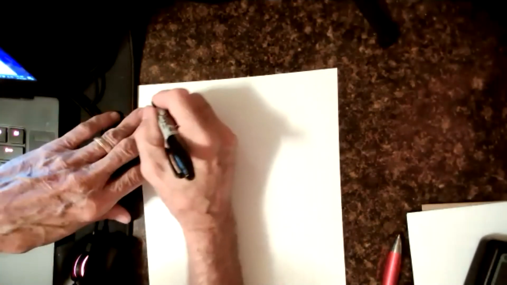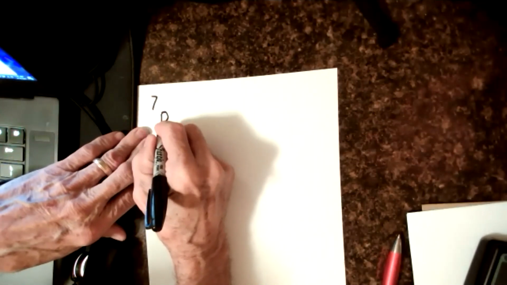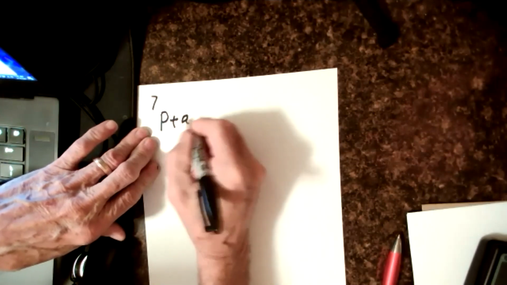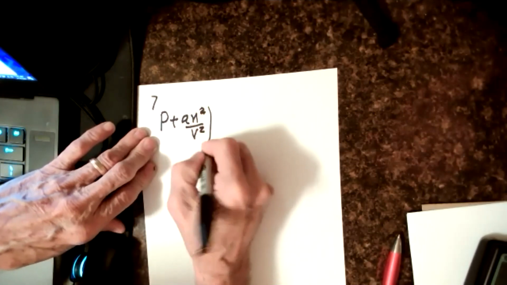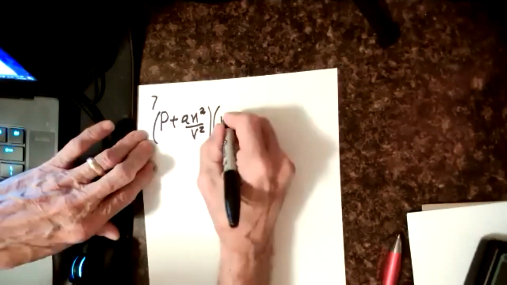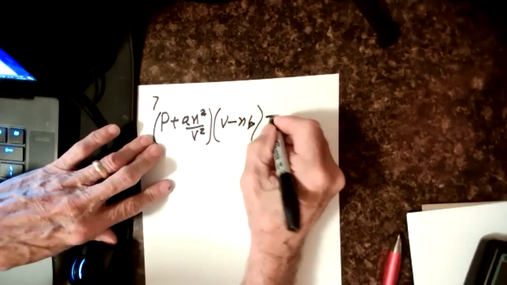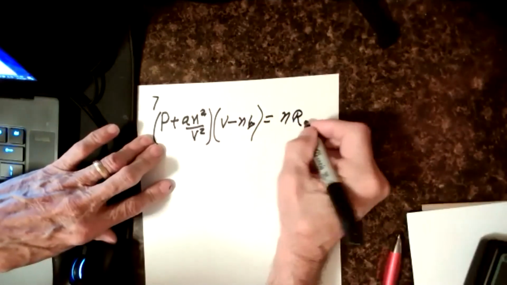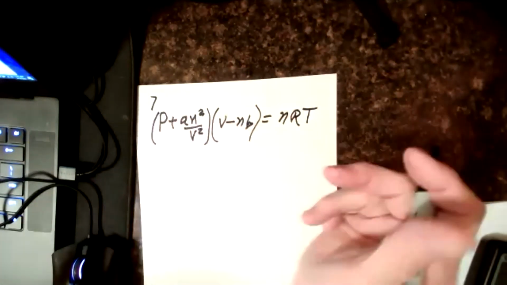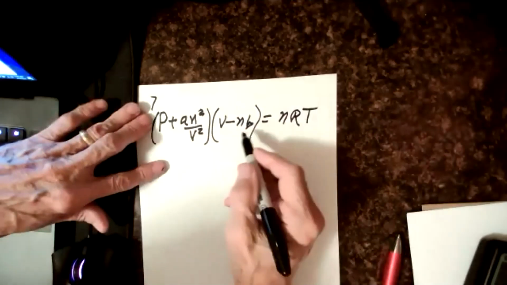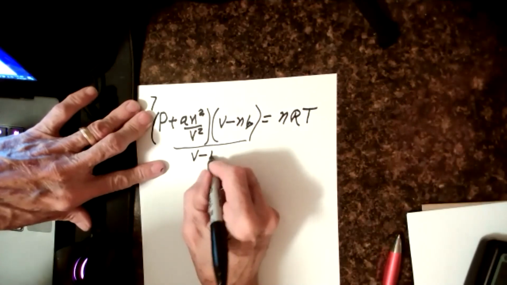So here we go. Number 7, van der Waals equation: P plus A n squared over V squared, times V minus nB, equals nRT. And I want to solve for pressure. Let's do the math. I'm going to get rid of this term by dividing both sides by V minus nB.